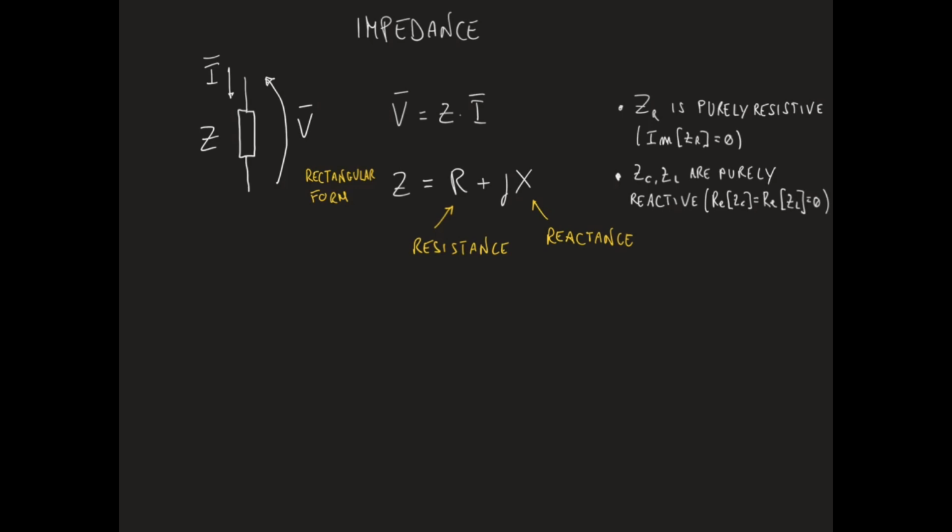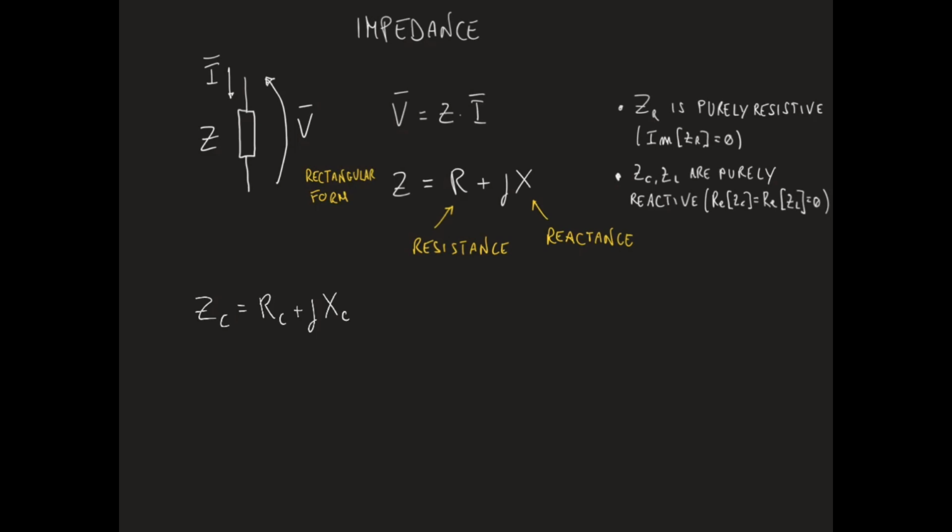More in detail, in the case of a capacitor with capacitance C, the impedance Z_C will be given by R_C plus jX_C.